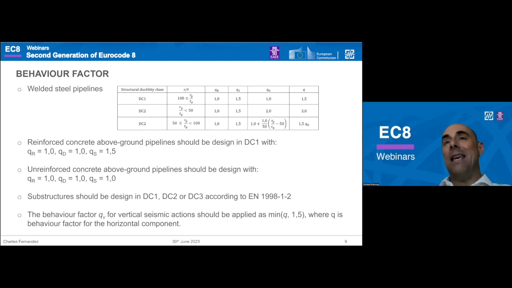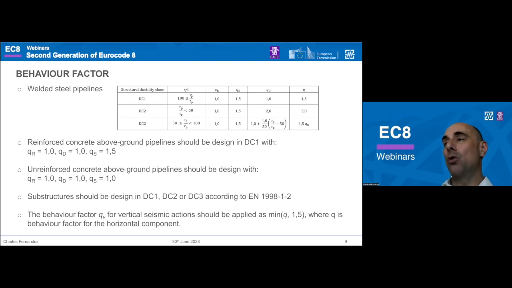So what about the behavior factor that can be used within such calculations? We have, again, to distinguish between the different materials. First of all, we have welded steel pipelines, and we can apply ductility class 1 and 2, as we can see here.